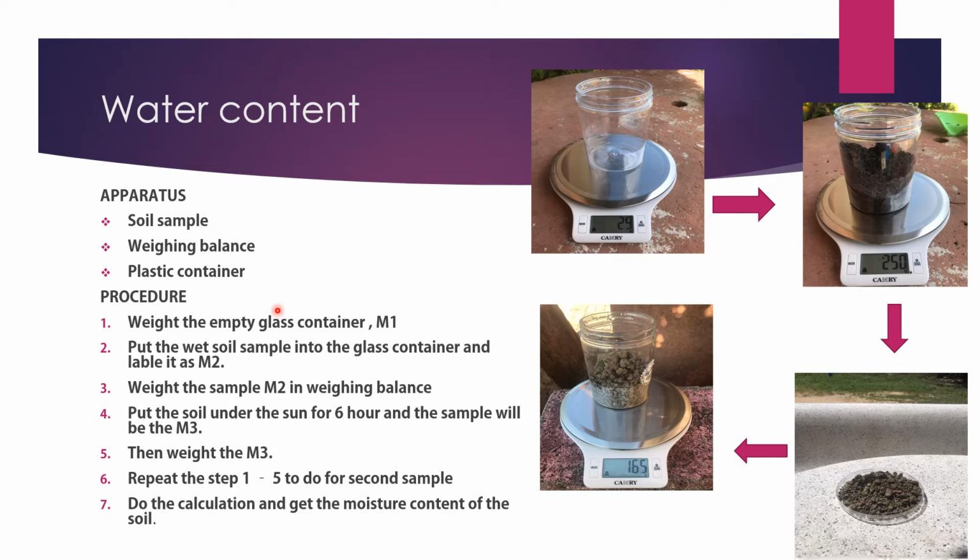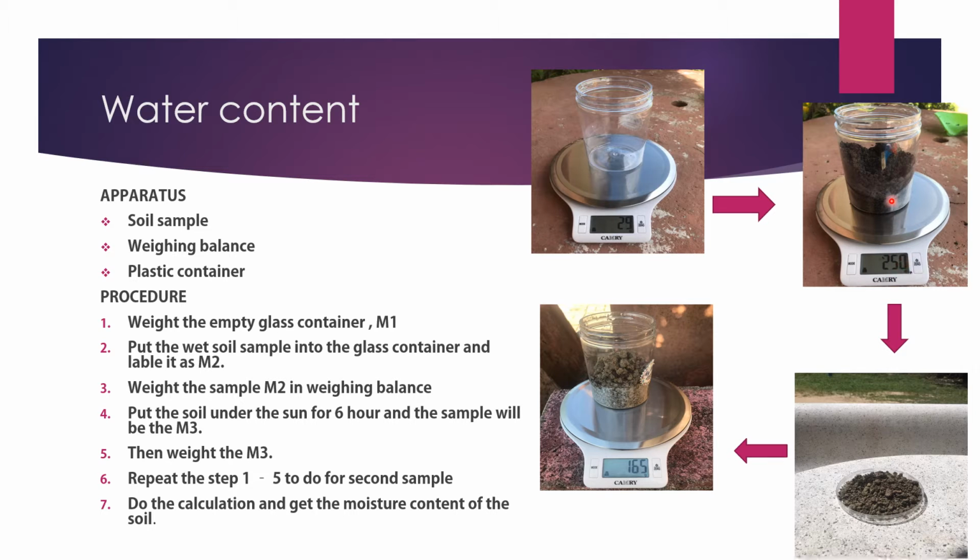So the procedure of the experiment is, first, we need to weigh the empty glass container and label it as M1. Then we put the wet soil sample into the glass container and label it as M2.